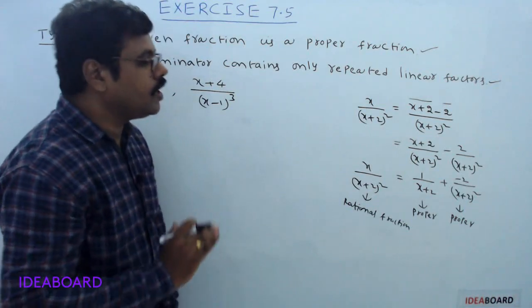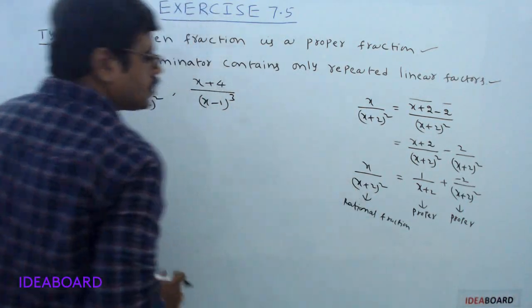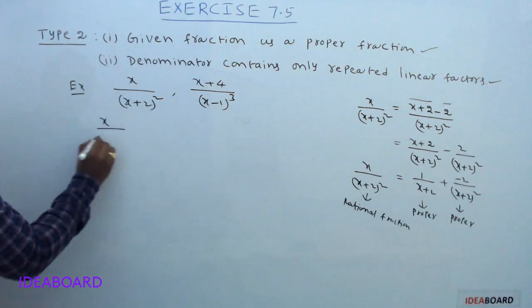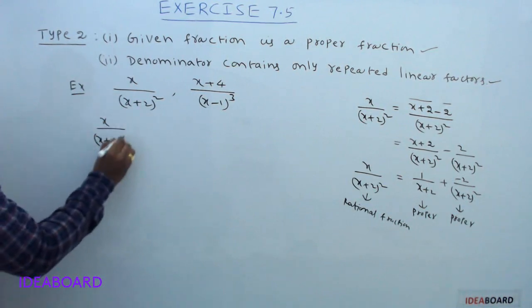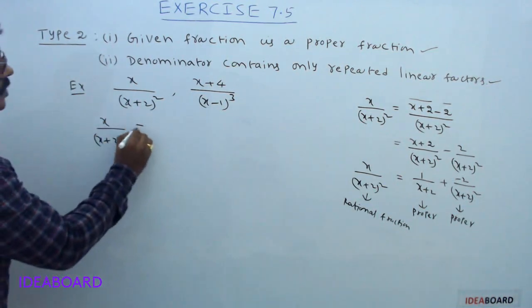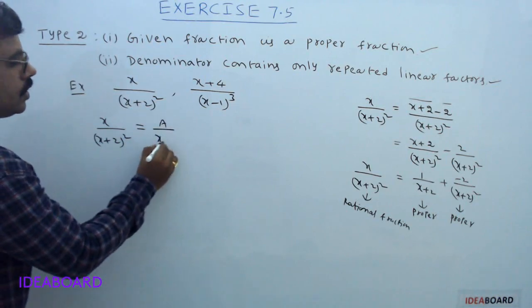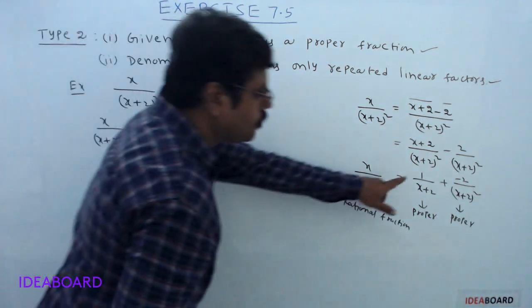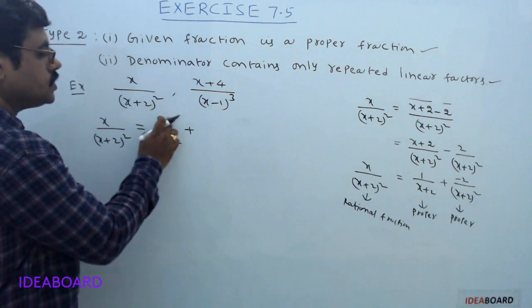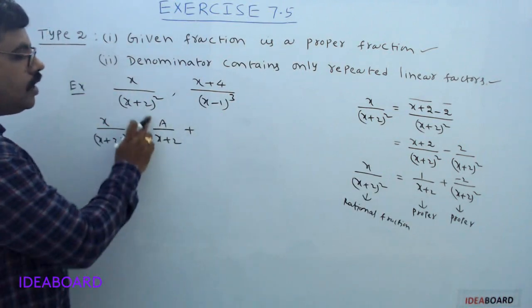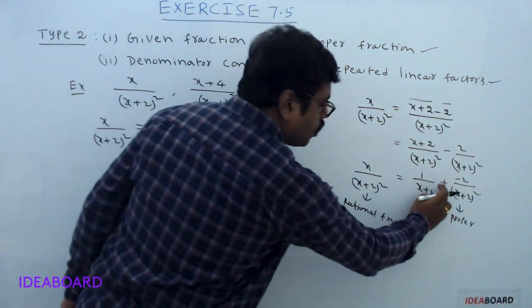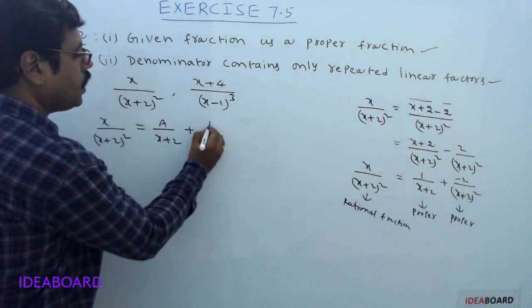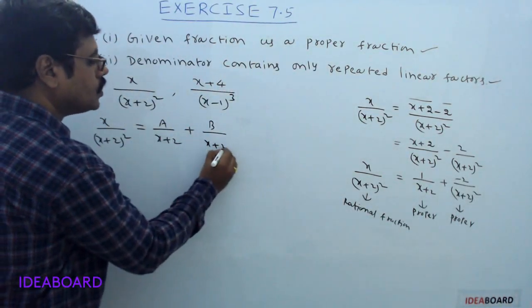So in a general way, the partial fractions of x divided by (x plus 2) whole square can be taken as a divided by (x plus 2). Here in place of 1, I can write a general constant, let it be a, divided by (x plus 2) plus b divided by (x plus 2) whole square.